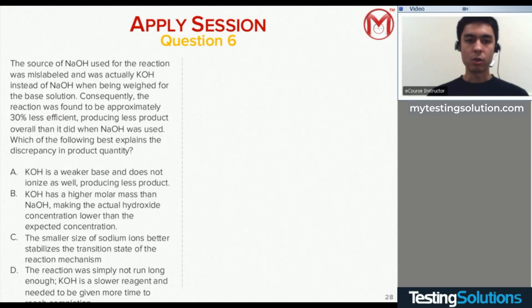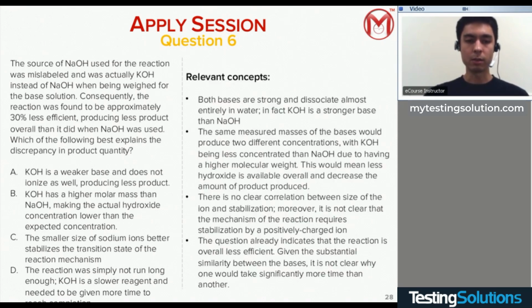Okay, so it was actually KOH instead of NaOH, and consequently, the reaction was found to be 30% less efficient, producing less product overall than when NaOH was used, right? Because KOH has a higher mass. So what explains the discrepancy in the product quantity, right? Well, we just kind of already talked about that.